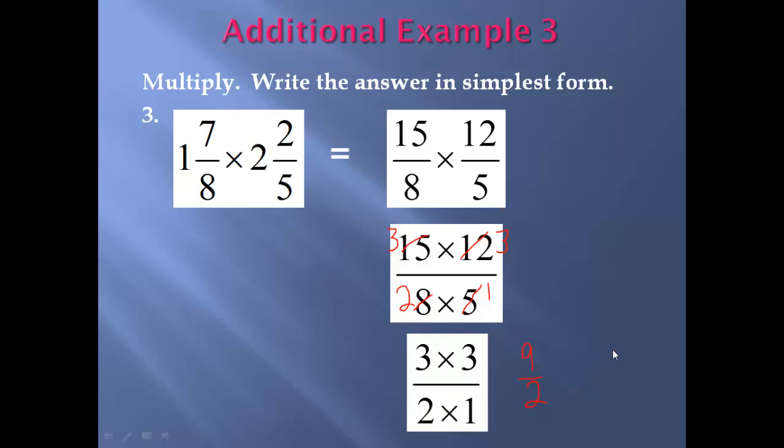Now to simplify this, we're going to do 9 divided by 2, and 2 goes into 9 4 times. 4 times 2 is 8. And when I subtract 9 minus 8, I get 1. That is our numerator, and our denominator is 2. So our answer would be 4 1/2.